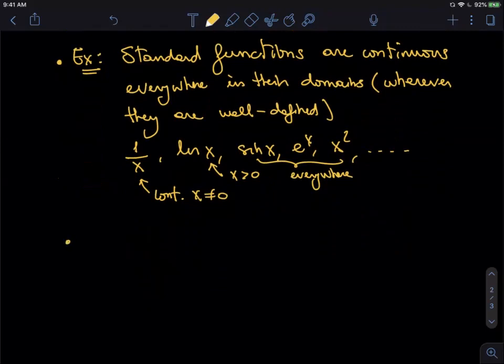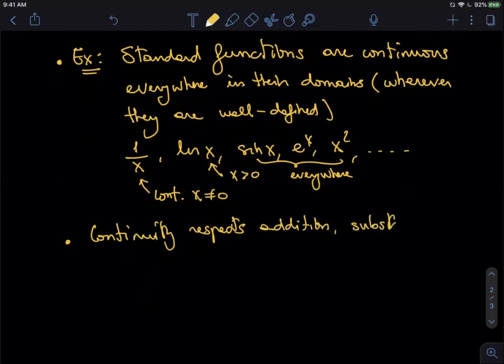So what can we do? Once we know that these functions are continuous, that's good news because continuity respects operations: addition, subtraction, multiplication, division. Here there is a problem.